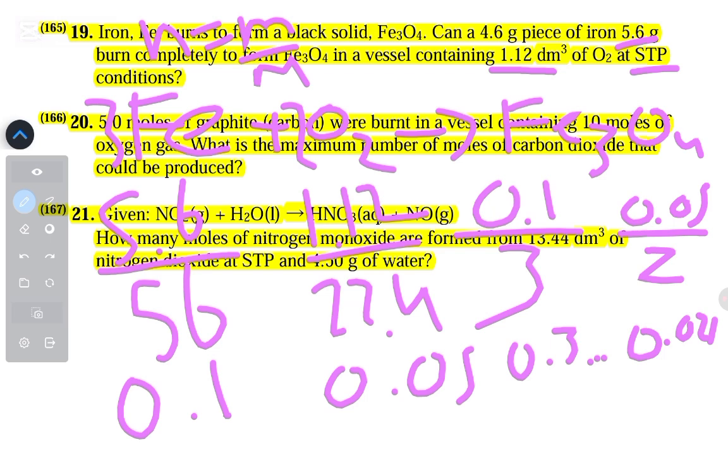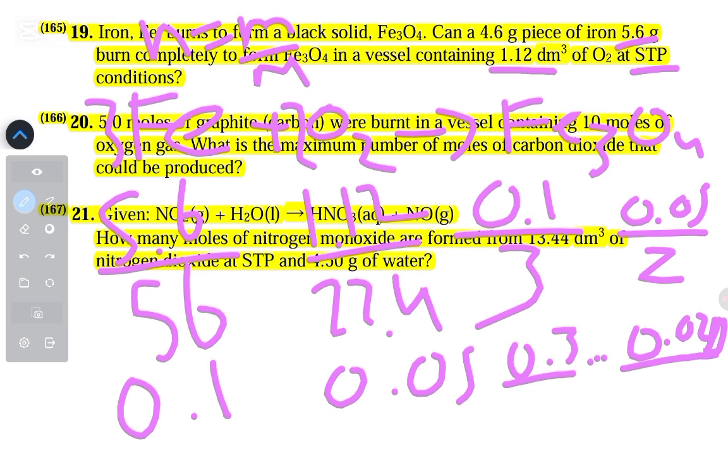Now, what did they ask you? Can a 5.6 gram piece of iron burn completely to form Fe3O4? So what we have, 0.033 and 0.025. Which one is bigger? 0.033 is bigger. So which one is excess? 0.033, the iron, is excess, and the 0.025, my bad, that is the oxygen.